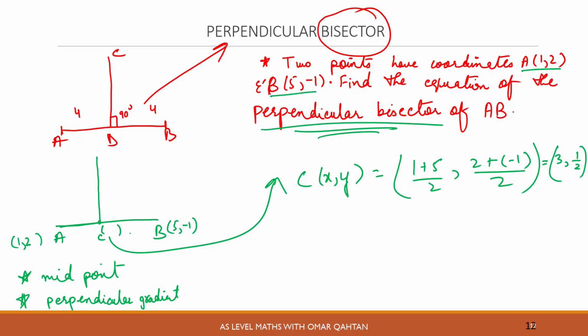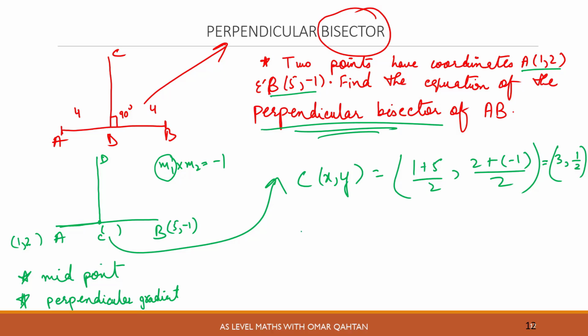Now we have to find the gradient of the line AB first, and then we can convert the gradient of line AB into CD by perpendicular condition, and we know that m1 into m2 equals to minus 1. If I know the gradient of this line, I can find the gradient of this line by using this one.